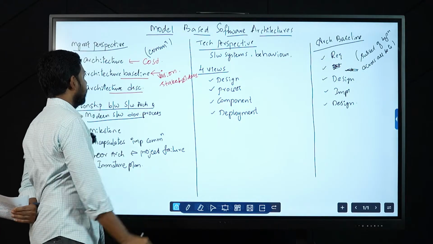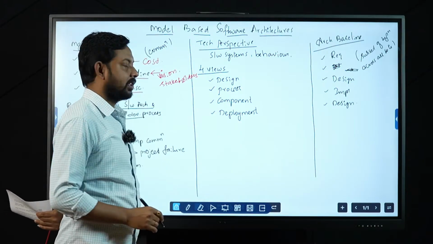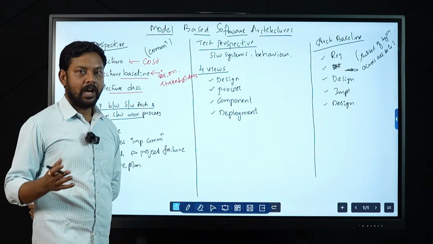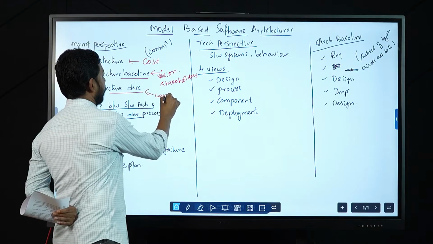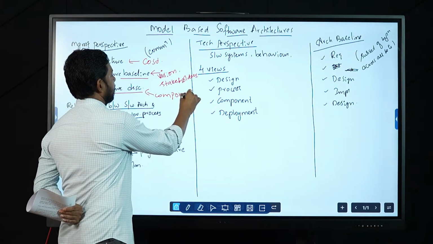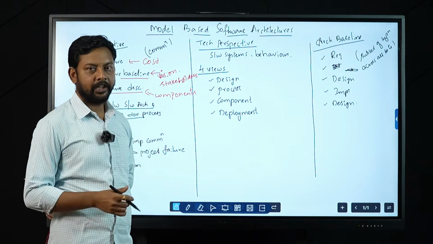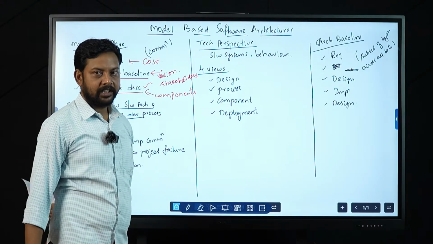Whenever you go with your architecture description, it is going to discuss the different components that you have used throughout your project development. This majorly focuses on the different components of your project, the deployment related to your project and the implementation related to your project. All these points will be discussed under your architecture description.